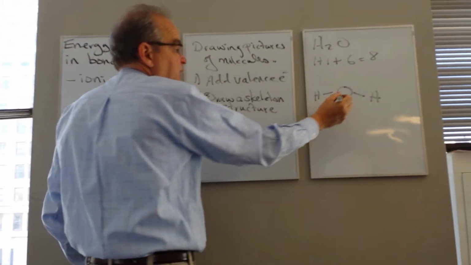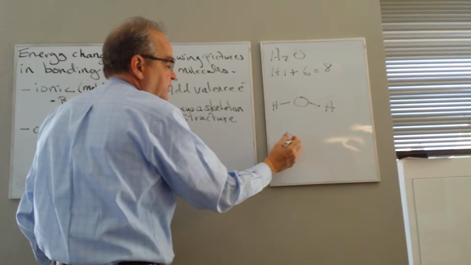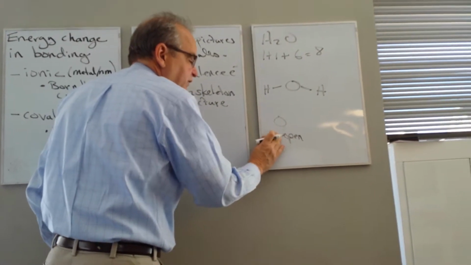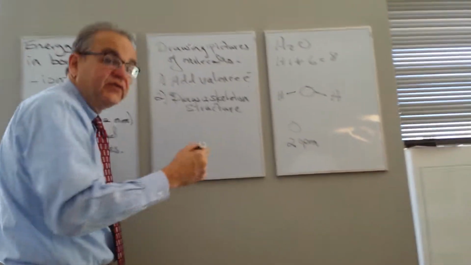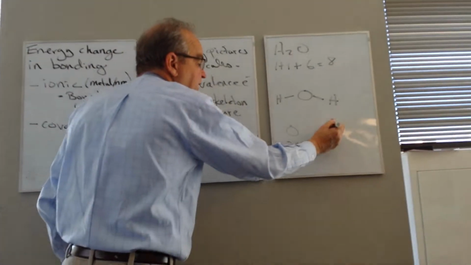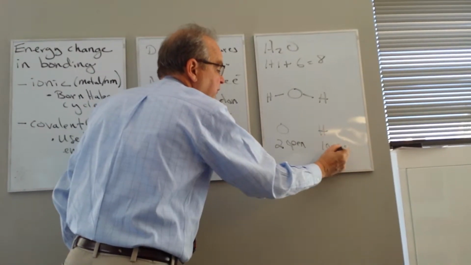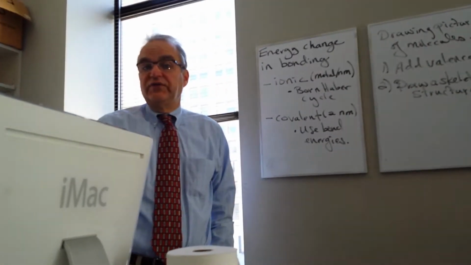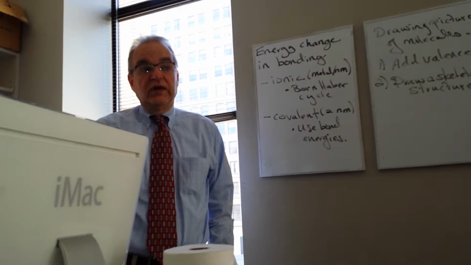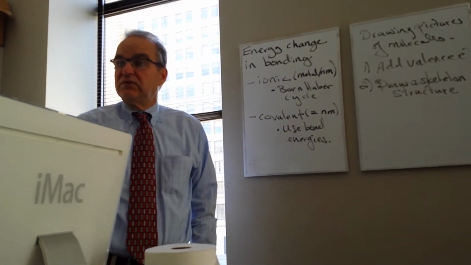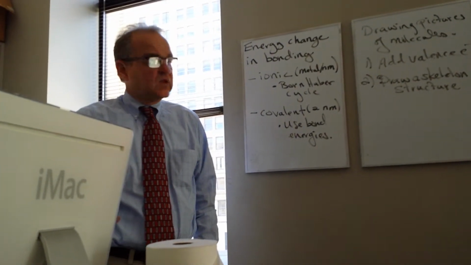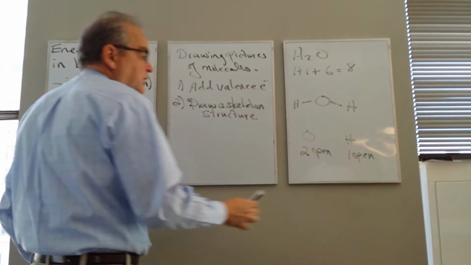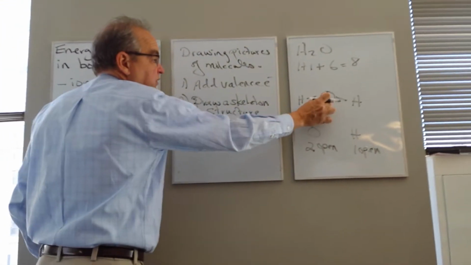So if you look at oxygen, oxygen has a valence shell with 2 open spots because it has 6 valence electrons. Hydrogen has a valence shell with only 1 open spot because hydrogen's outer shell is the first energy level, and the first energy level only holds 2 electrons. Does that seem logical? Yep. Okay. So 2 open, 1 open on the hydrogen. That means oxygen goes into the middle.